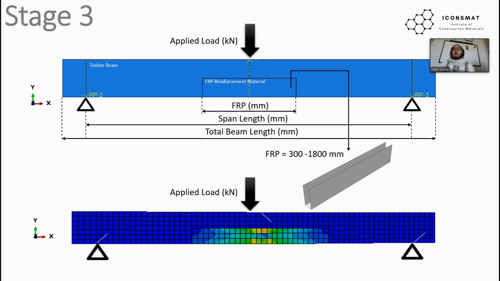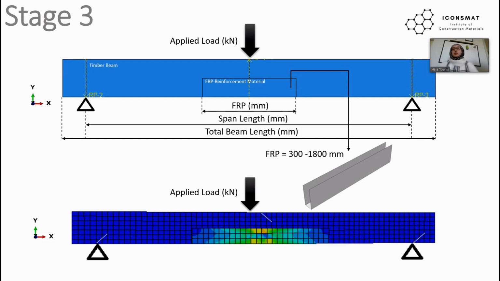A 3-point bending test was conducted on a 2,100 millimeter span length using various lengths of FRP sheets that range from 300 to 1,800 millimeter, applied at the tension side of the beam.